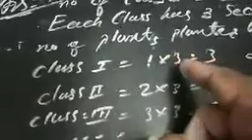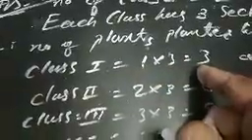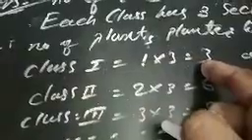Now the answer. So here the number of classes is equal to 12, total number of classes 12. Each class has 3 sections. So we find the number of plants planted by students. Class 1 planted only one tree, but there are 3 sections of class 1, so we multiply by 3. So the total number of plants planted by class 1 is 3.